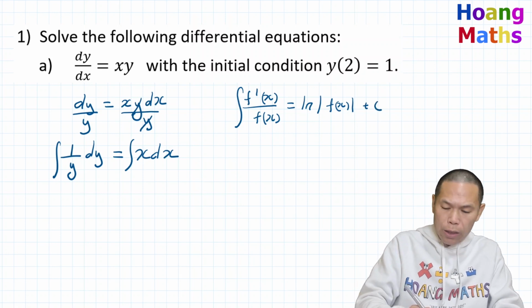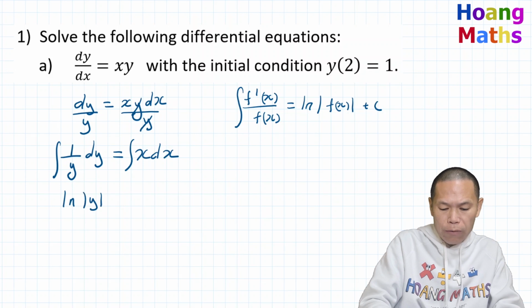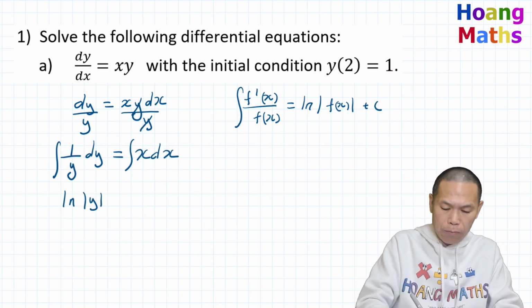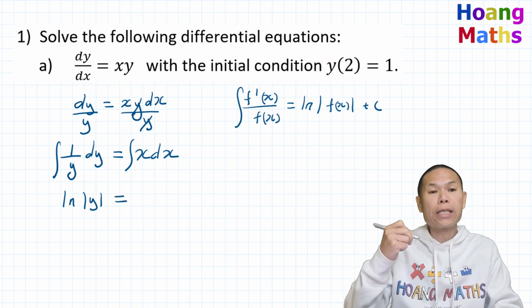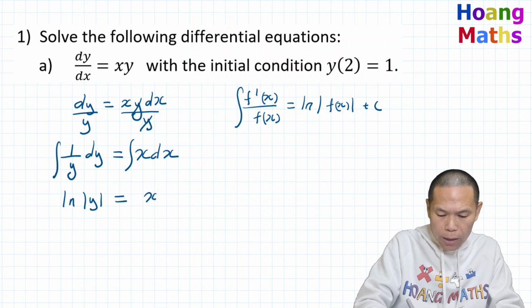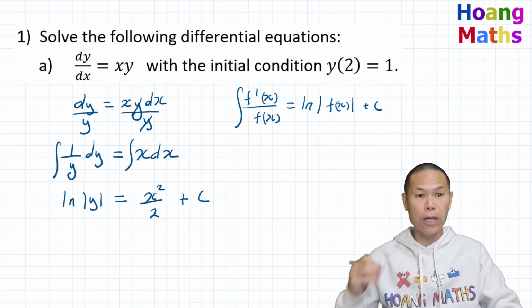Keep that in mind. So that becomes ln of the absolute value of y, because we cannot take log of a negative number. And integrating x will give me x squared over 2, and we need to add a constant c after the integration.